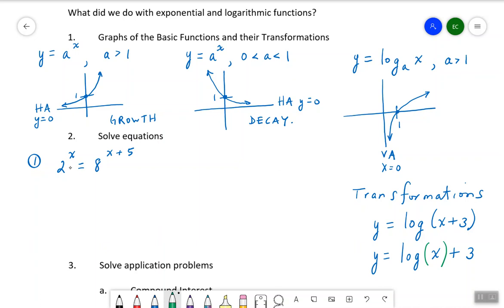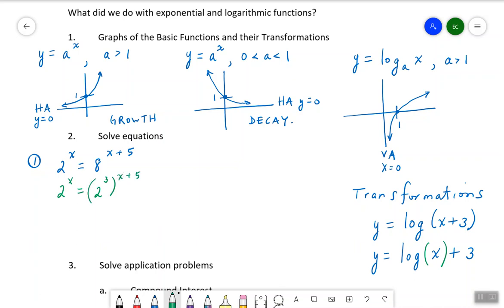In this problem, we saw that the two exponentials can be written with the same base. And so the first step was to write this 8 as 2 cubed.